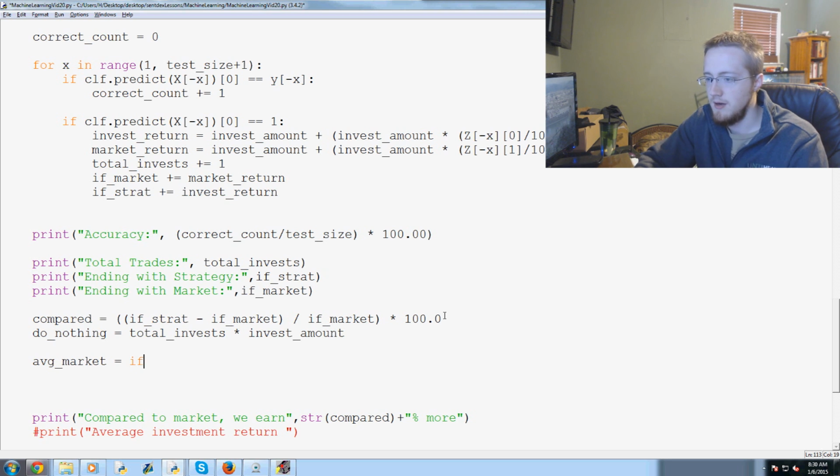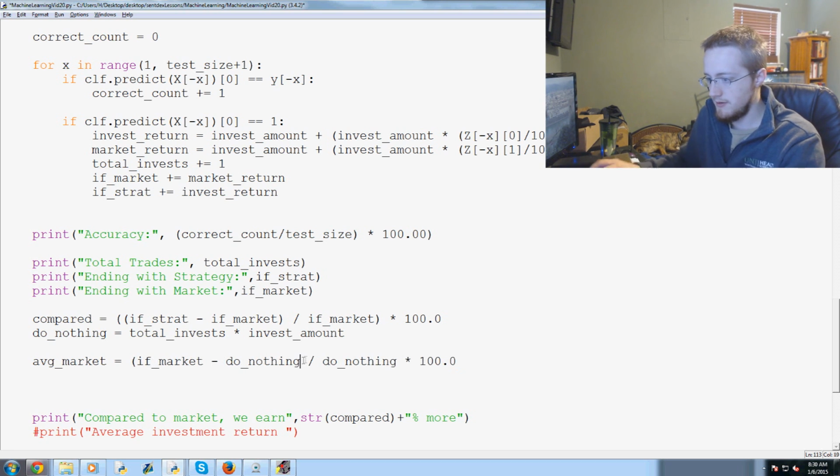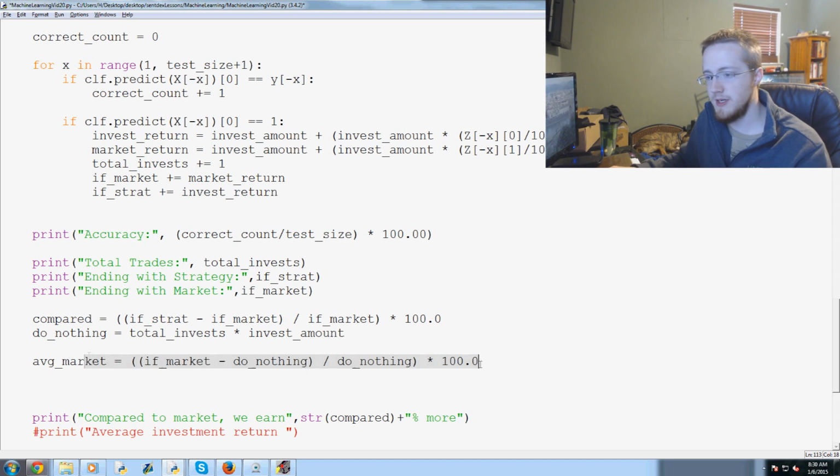So we would say new if market minus the old do nothing, new minus the old divided by the old do nothing times 100. Let's add our parentheses now. New minus the old divided by the old times 100. So that's average market return.